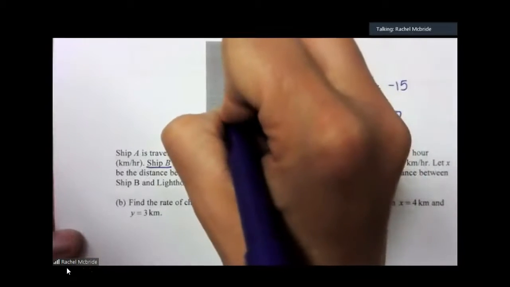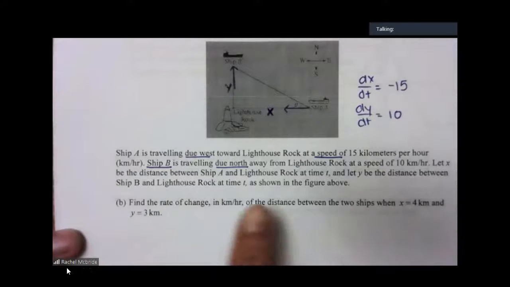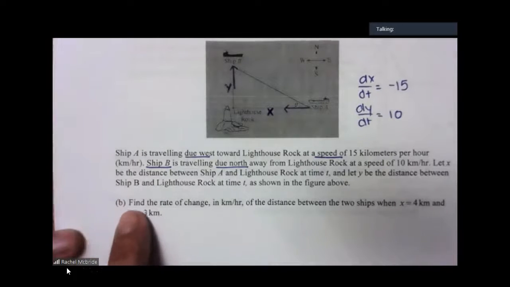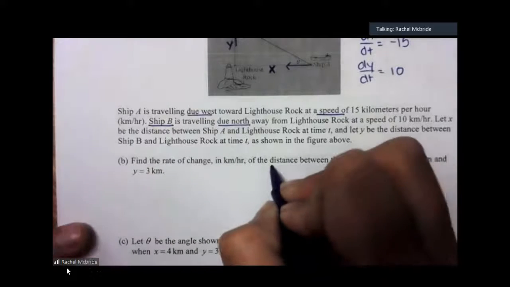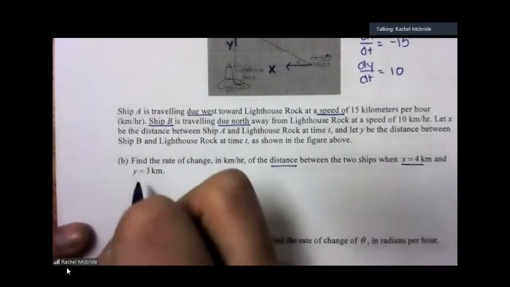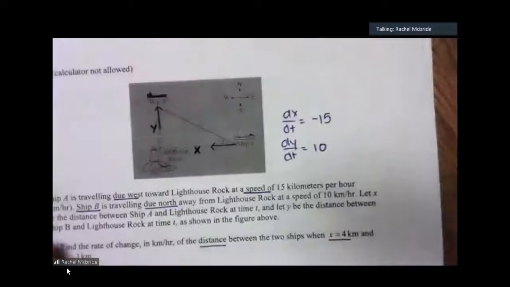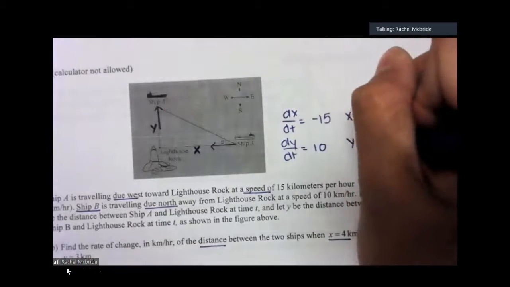So there's your x, there's your y. Find the rate of change in kilometers per hour of the distance between the two ships when x is 4 and y is 3. So x is 4, y is 3.